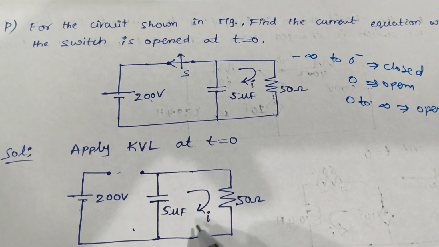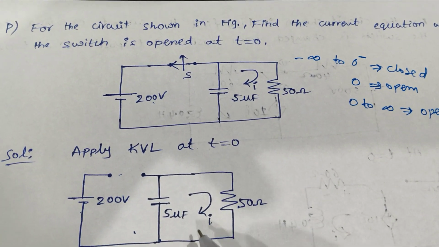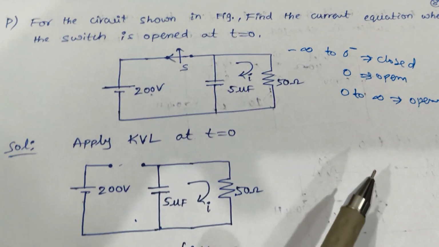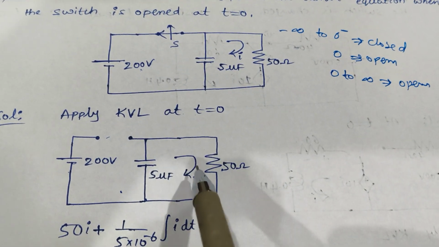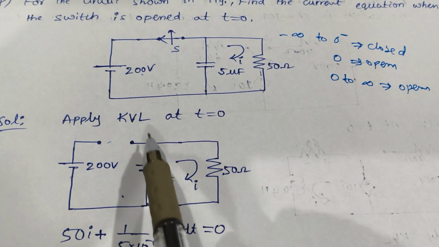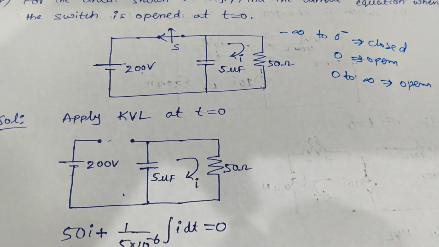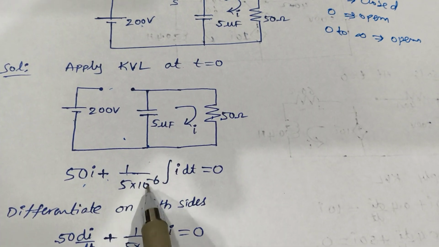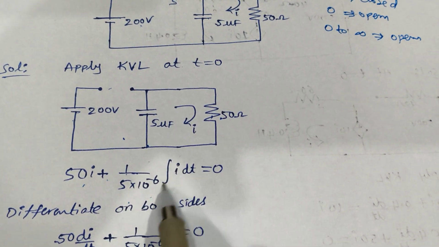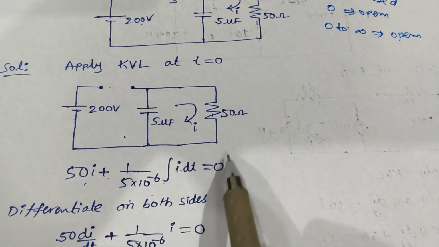The current flowing through the capacitance, or this loop, is nothing but I. As a first step, apply KVL to the loop which has the energy storage element. Applying KVL: 50 into I plus 1 by C, that is 1 by 5 into 10 power minus 6, integral of I dt is equal to 0.